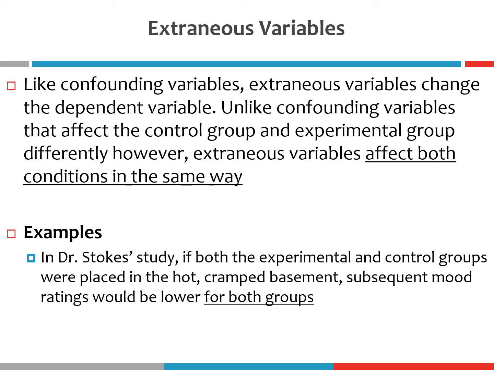In Dr. Stokes' study, if both the experimental and control groups were placed in the hot, cramped basement, subsequent mood ratings would be lower for both groups. Okay? So we would expect ratings of happiness to be reduced for both groups instead of affecting the experimental group more profoundly. So we would expect to see the same drop in mood for both the experimental group and the control group.